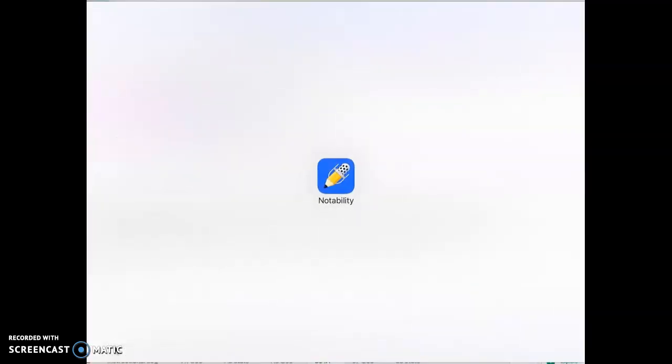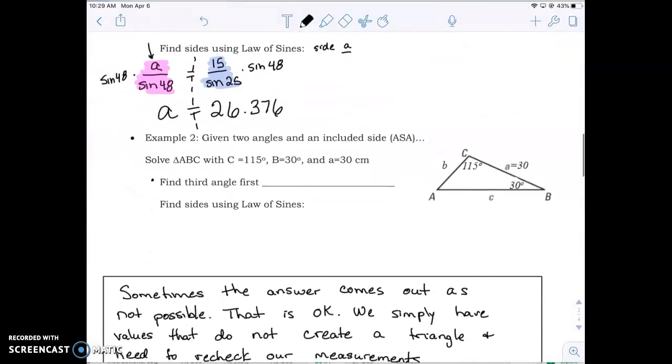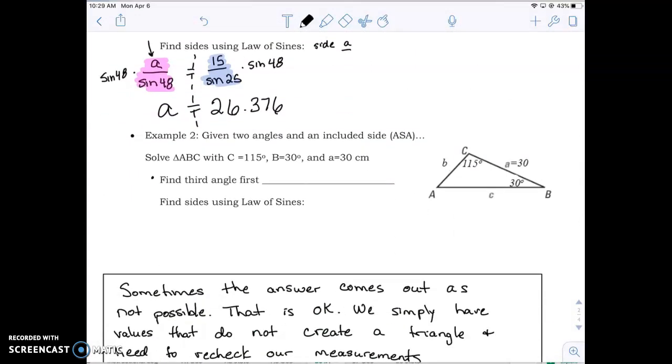Let's try this second one. I have A, and I don't have B or C, but I have two angles. So I have two angles and a side. That means I can use the law of sines. The first thing we need to do, of course, is, well, let's skip that.